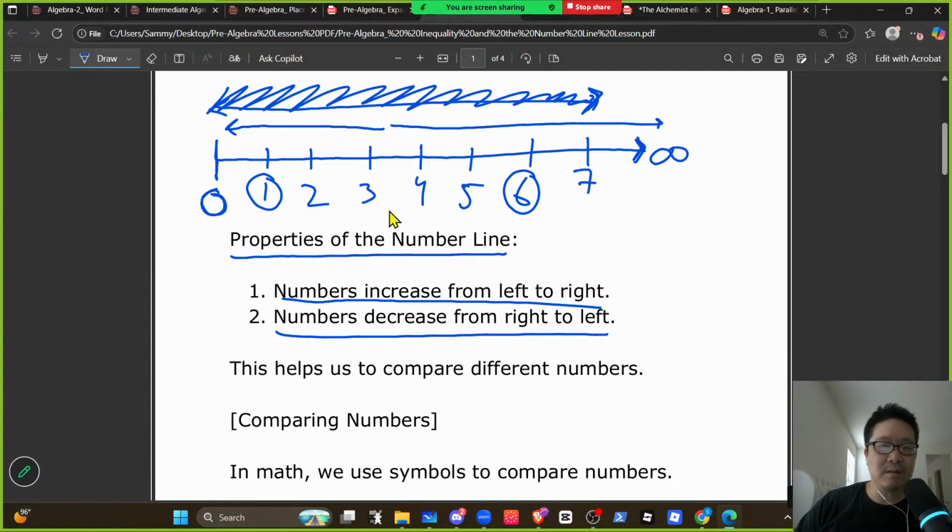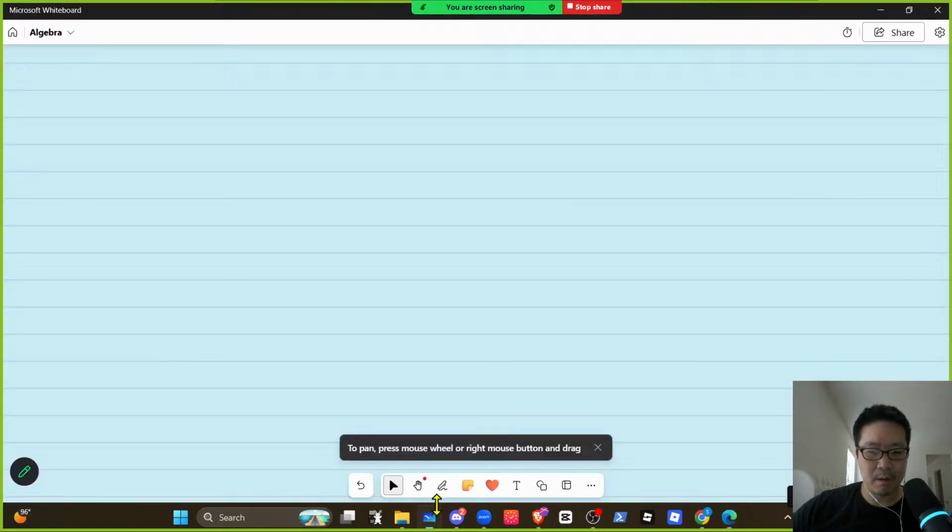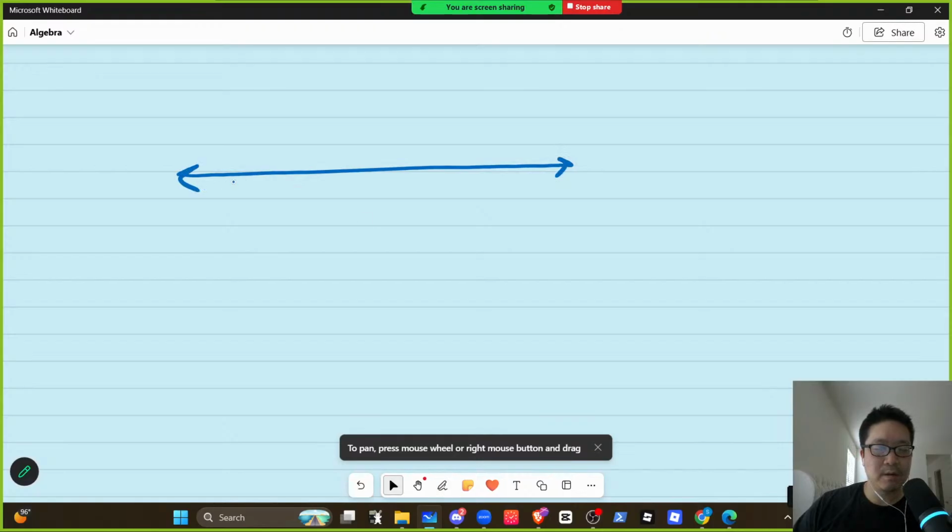So if I pick a number, you do have your pen and paper, right? Okay. So here's the whole number line. We have 0 here, and we have positive infinity, and some numbers here: 1, 2.